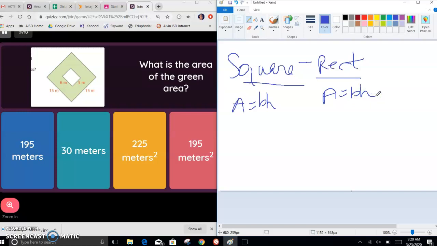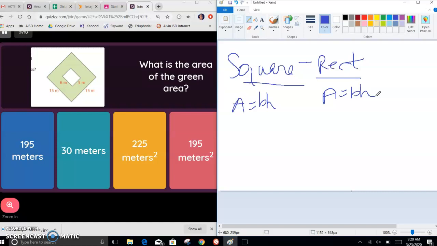Remember, a square is always a rectangle. A rectangle is not always a square. A square has 4 right angles, and all sides are equal. So 4 right angles, 4 equal sides. The definition of a rectangle is 2 pairs of parallel lines, but those 2 pairs don't always have to be exactly the same in length.